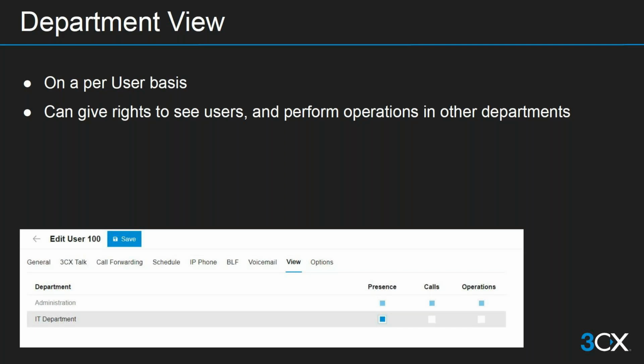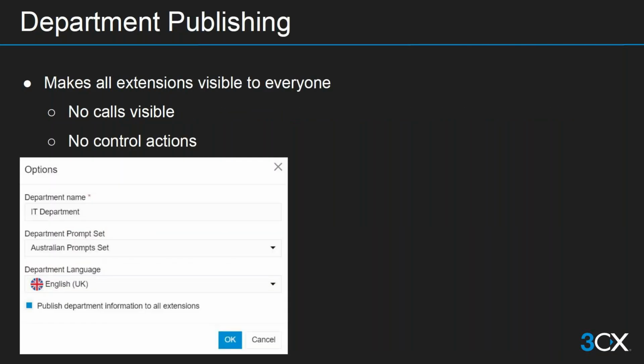Department view: you can see people on a per user basis, and you can give rights to see users and perform operations in other departments. Department publishing makes all extensions visible to everyone, no calls visible, no control actions.